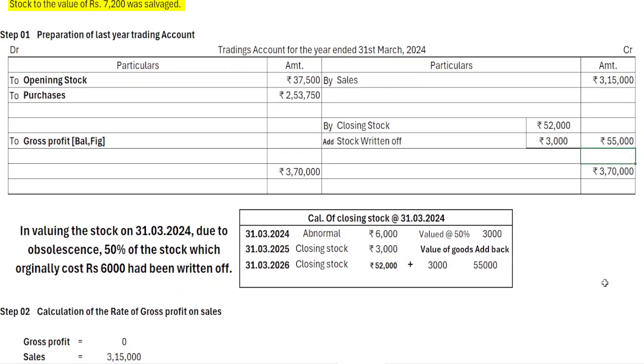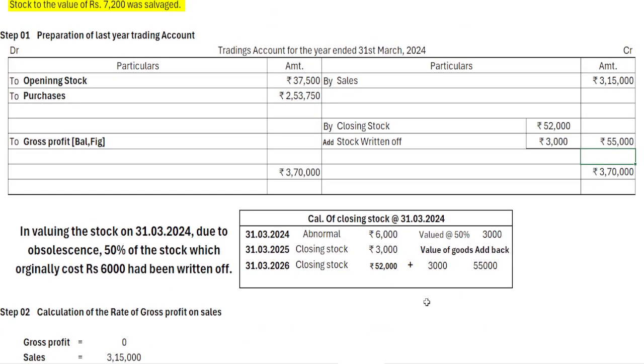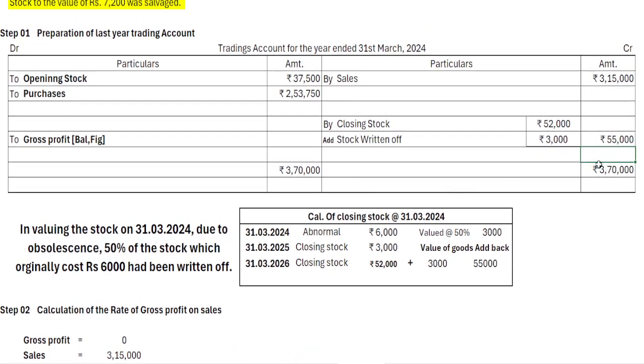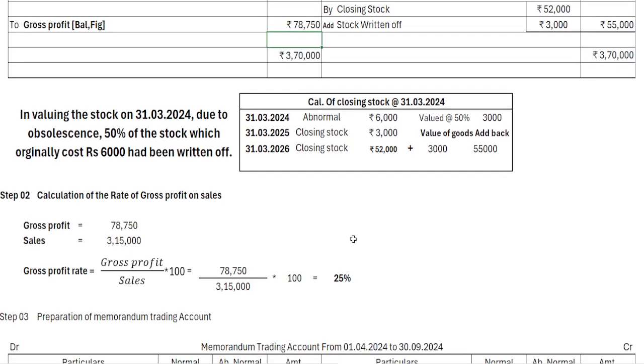Now this is the calculation you can go through. Now let's calculate gross profit: total of credit side minus the remaining balance of debit side.